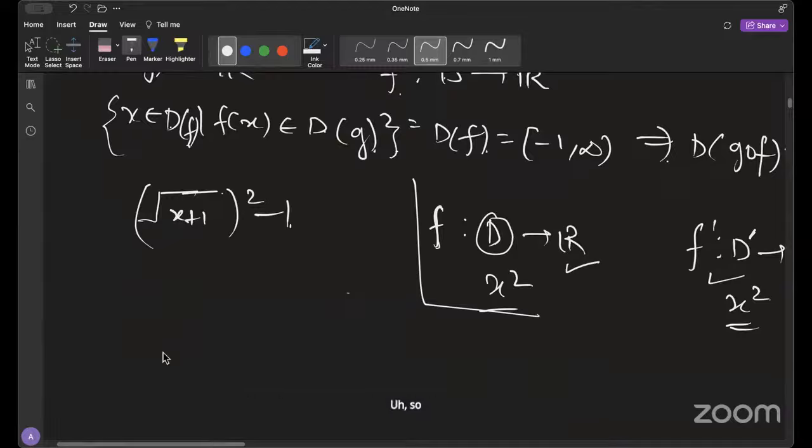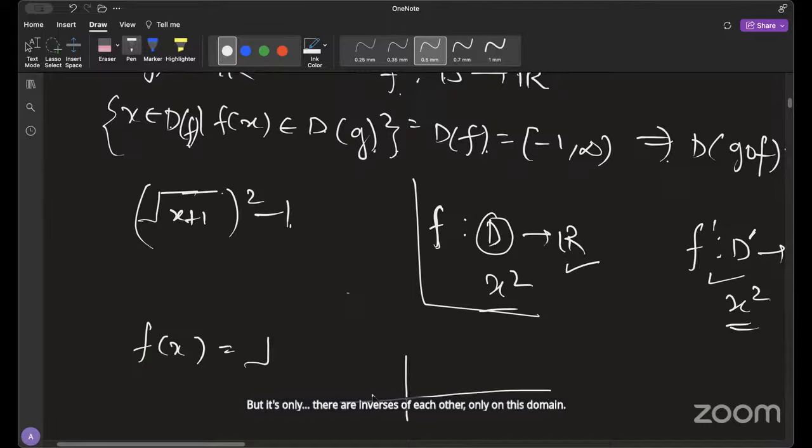So you have verified, yeah, but they're inverses of each other only on this domain. So you have -1 to infinity. Only on this are they inverses of each other. Outside this, they're not inverses of each other. So you'll have to be careful of that. Okay, ma'am.